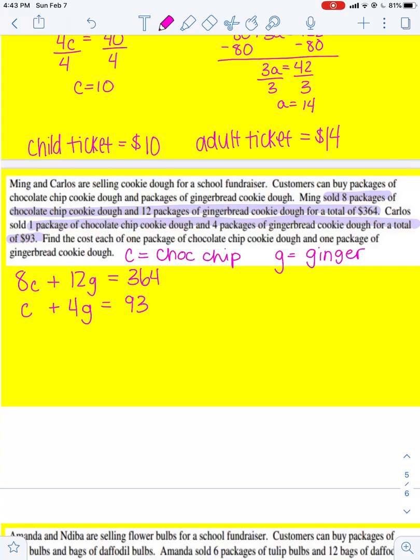So what I'm going to do is take this second row down here, and I'm going to take this 4G to 12G by multiplying by 3.